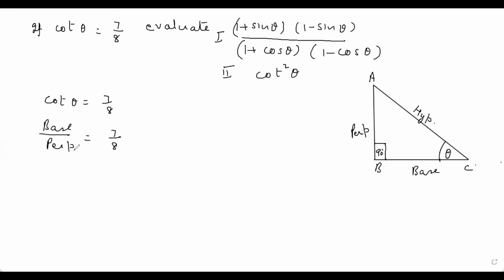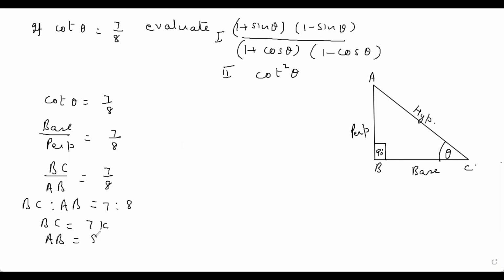Now base upon perpendicular is equal to 7 by 8. Now base is BC and perpendicular is AB. It means the ratio between BC and AB is 7:8. It means BC is equal to 7K and AB is equal to 8K. I am to find AC. By Pythagoras, AC square is equal to AB square plus BC square.